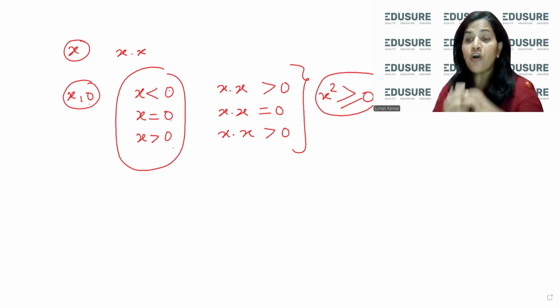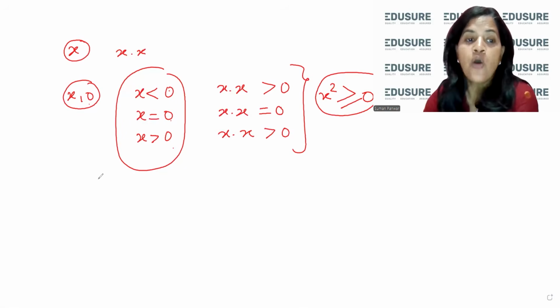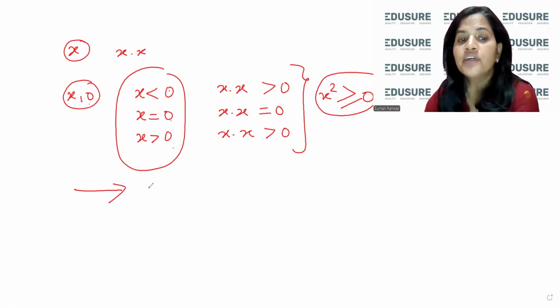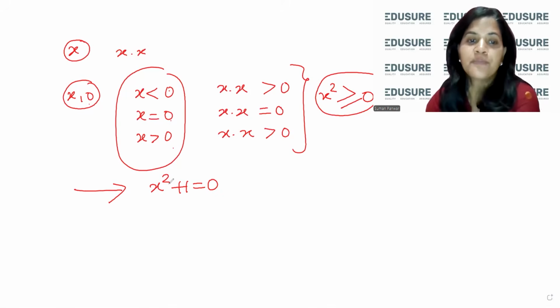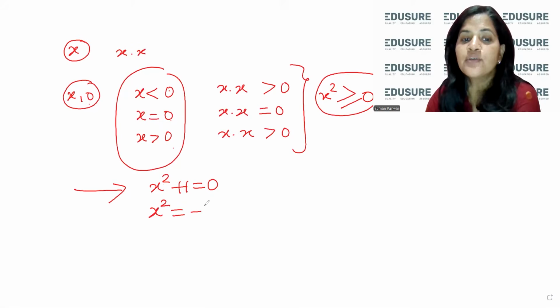Because of this property of squares, we are going to deal with something very interesting now. Suppose you encounter the equation x squared plus 1 equals 0, and you want to solve it. You will say x squared is equal to minus 1.